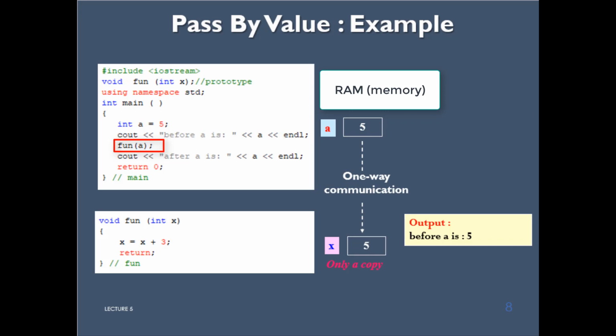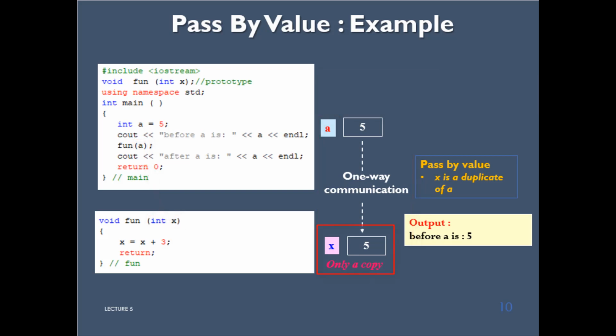So since this is passed by value, we pass the value of a to the formal parameter in function find, which is x.